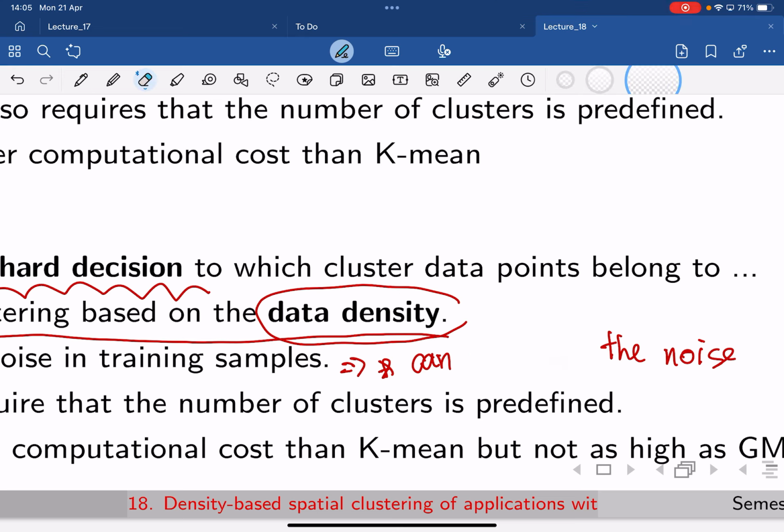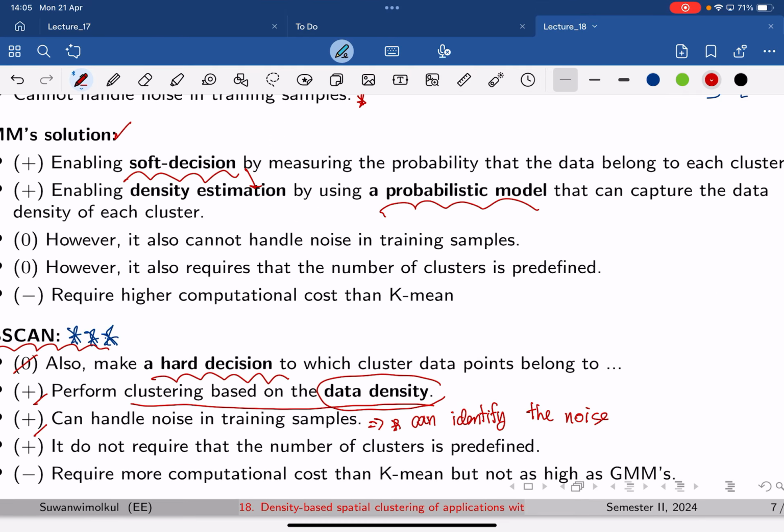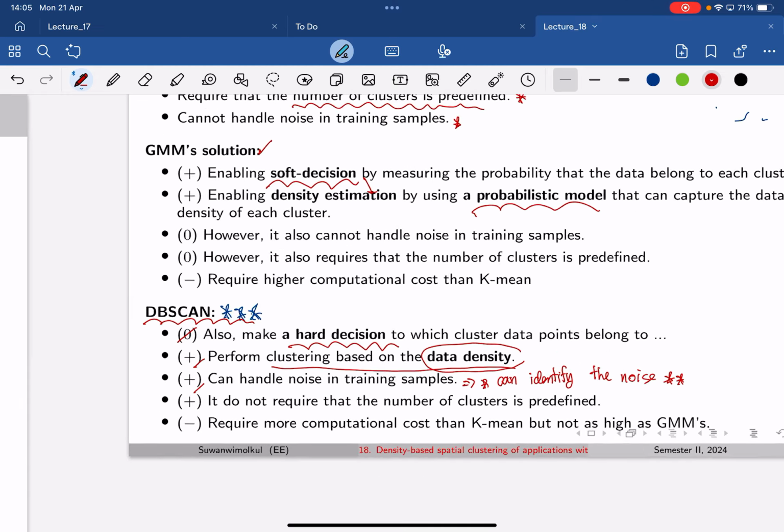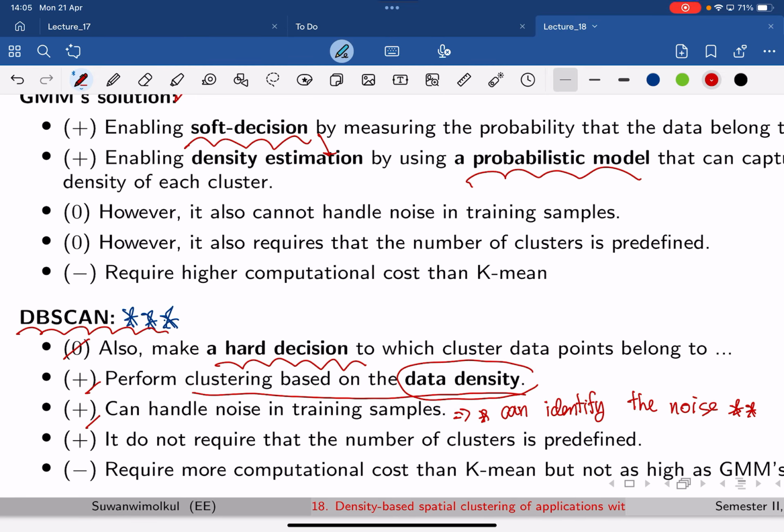I will just say it can identify the noise. And that's actually something major for this algorithm, because most of the time when we have data samples that are input features and we don't have labels, it's very hard to tell whether those data samples are actually data or some kind of interference in your system.